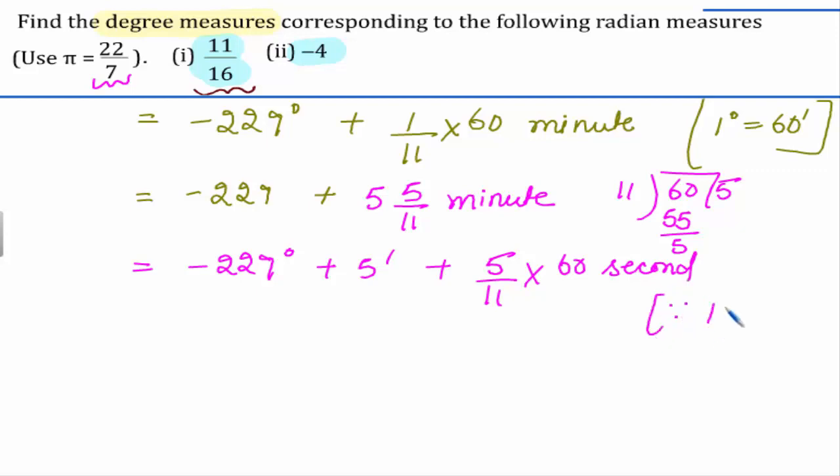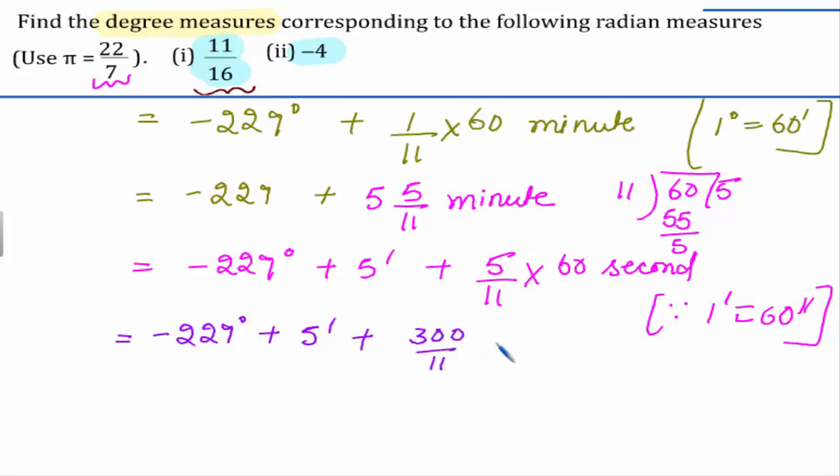So this is equal to minus 229 degrees plus 5 minutes plus 300 divided by 11 seconds.